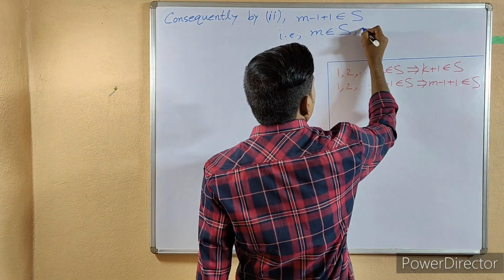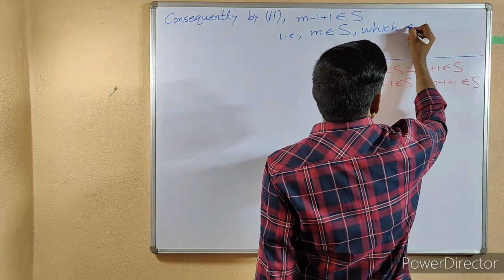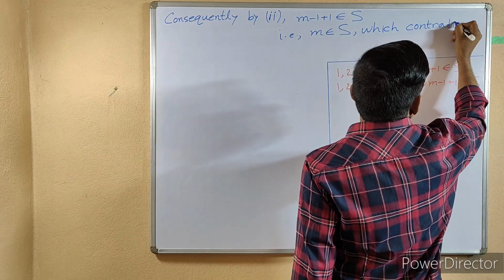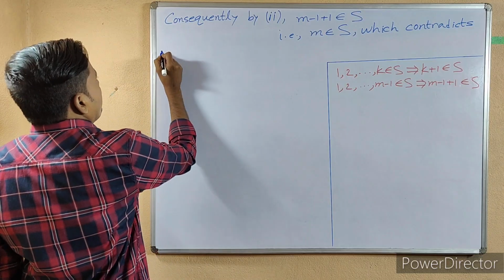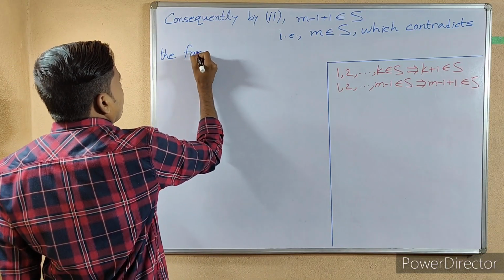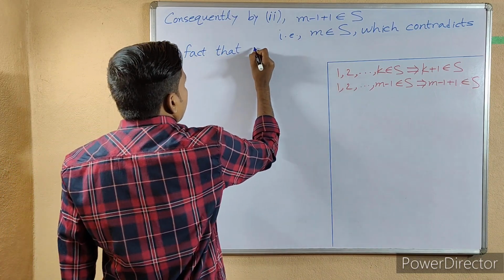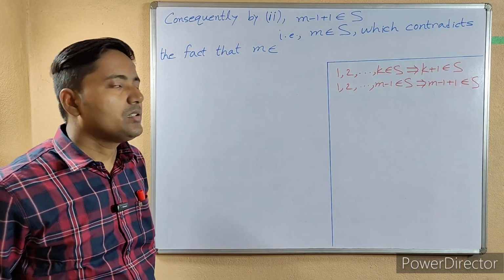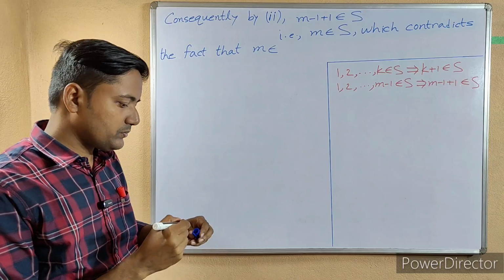Which contradicts the fact that m belongs to, what can we write here? M belongs to S contradicts m belongs to what?